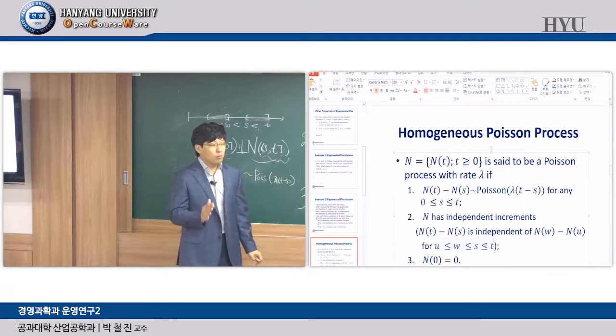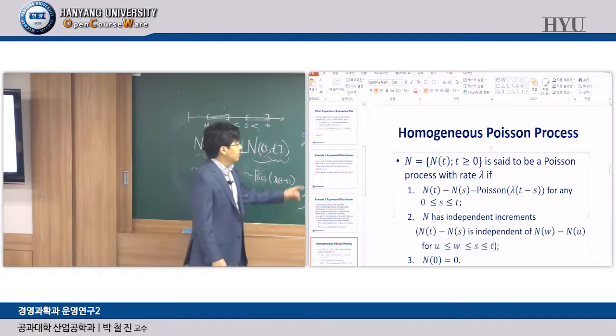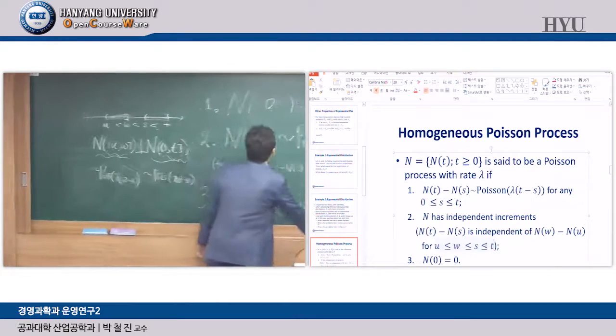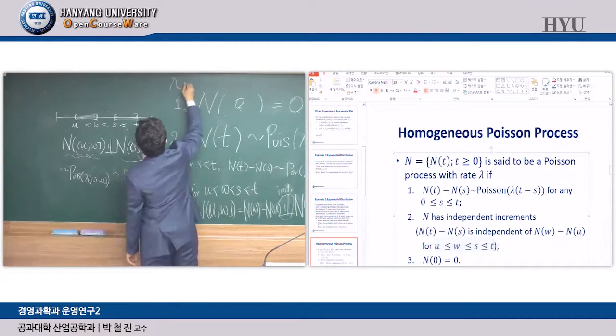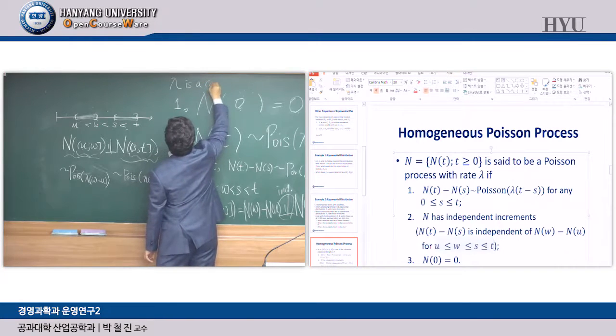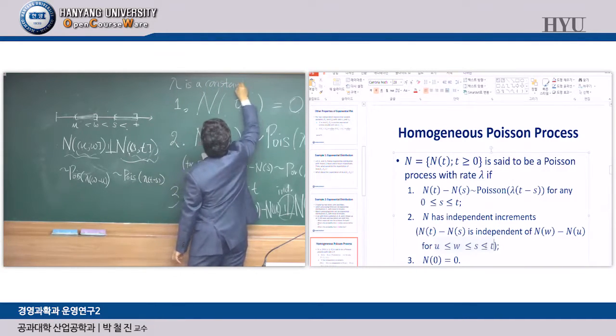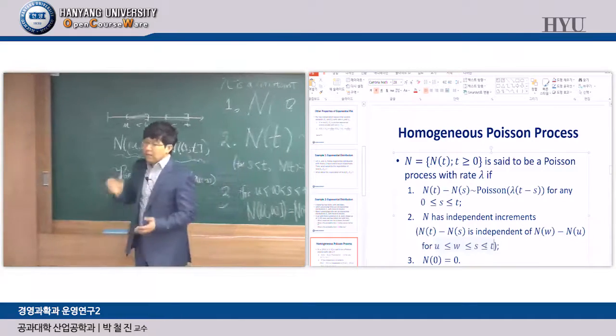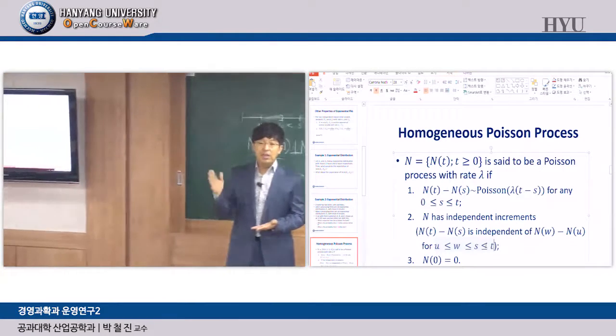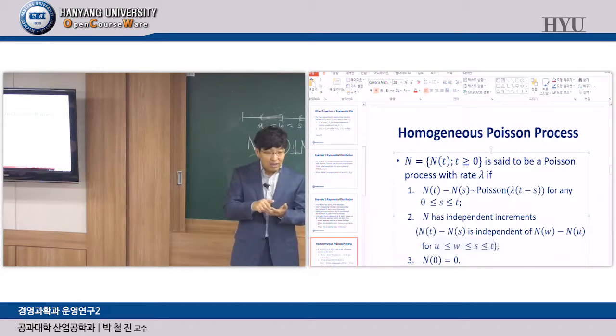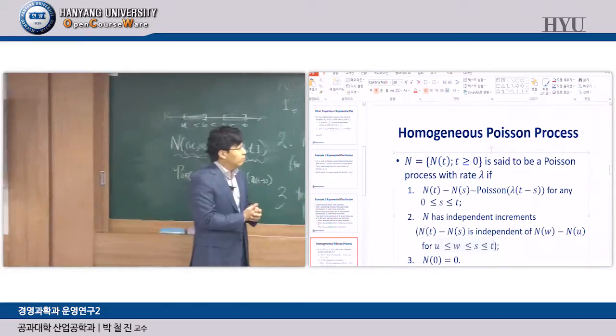Actually, a homogeneous Poisson process, because lambda is a constant. Later, we are going to talk about the non-homogeneous Poisson process. In that case, lambda can change as t changes. Even though lambda changes, we can analyze the system. But we are going to start with the simplified version of the Poisson process first.